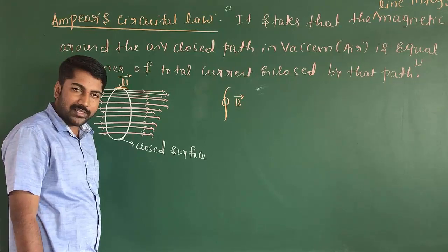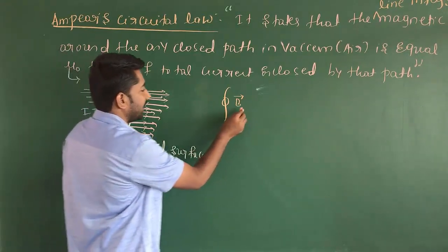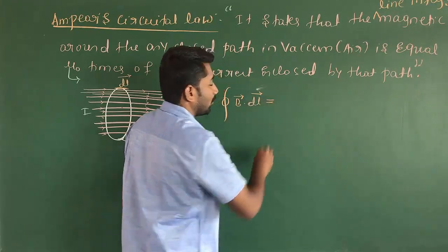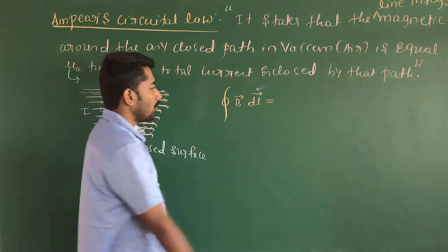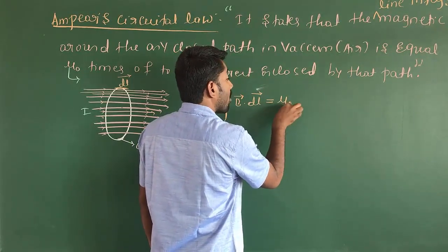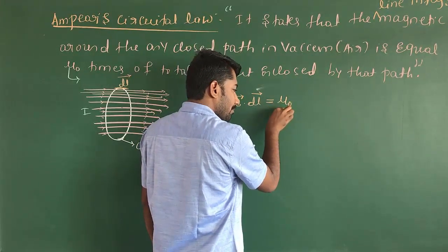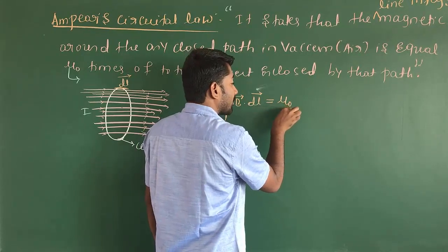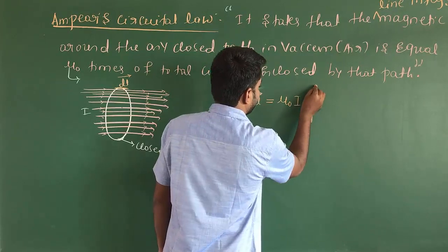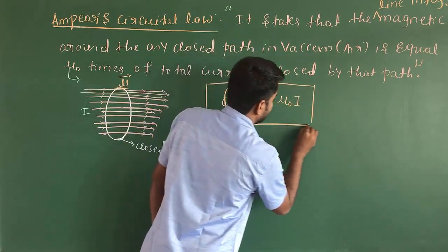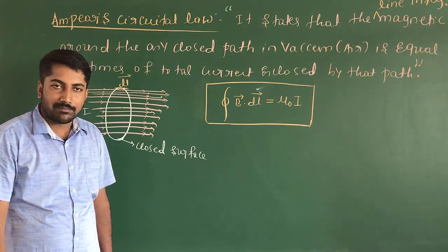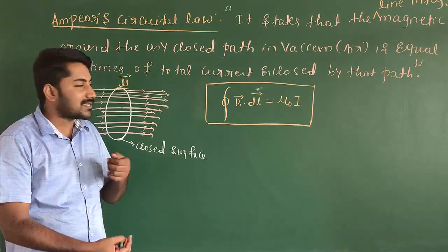B dot dl over this closed path is equal to mu naught times the total current enclosed by that path. Mu naught is the permeability of free space. This is the mathematical form of the Ampere circuital law.